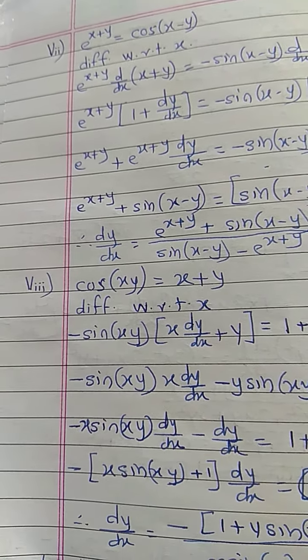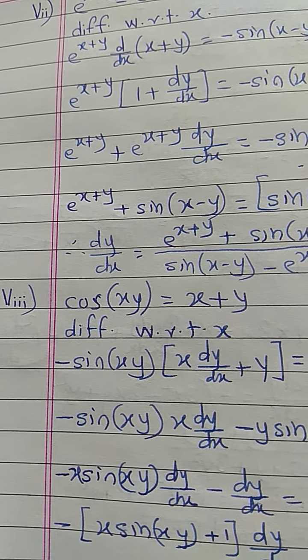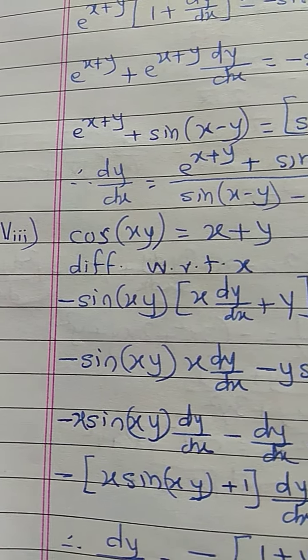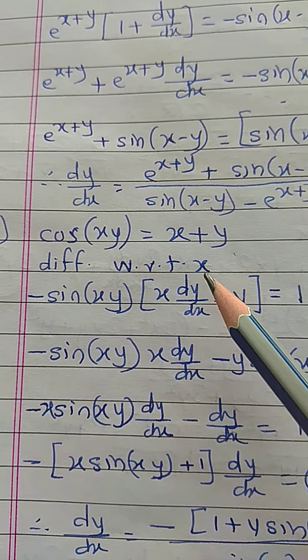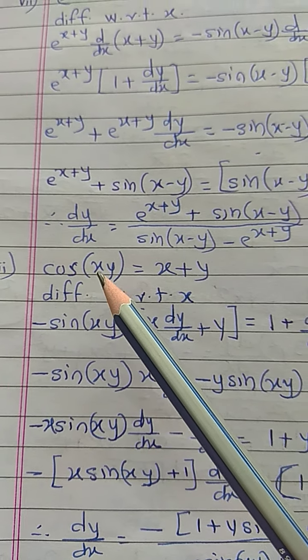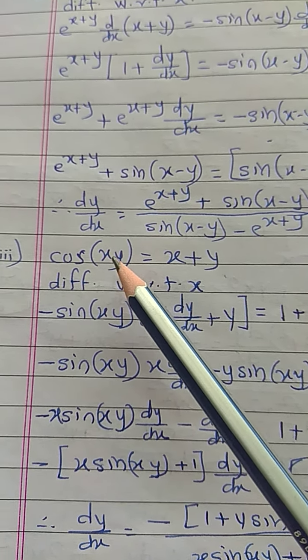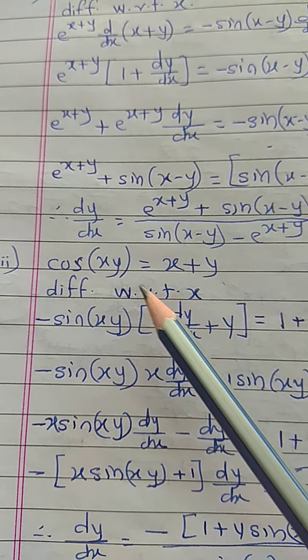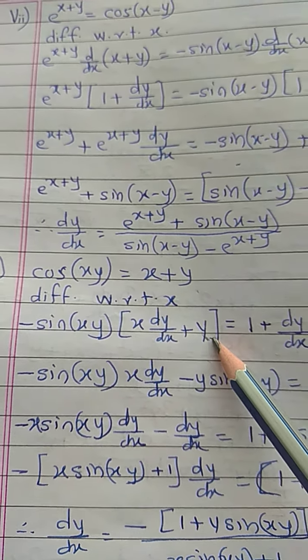See here. Now, Roman 8, it is cos(xy) = x + y. Differentiating with respect to x, derivative of cos is minus sine. Now derivative of this inner bracket, that is derivative of xy. First function as it is, derivative of y is dy by dx. Second function y is as it is, derivative of x is 1 here.